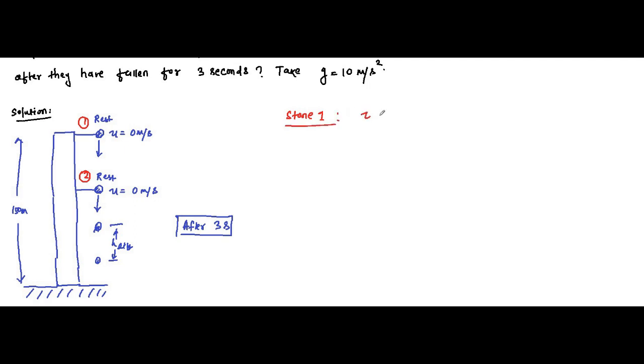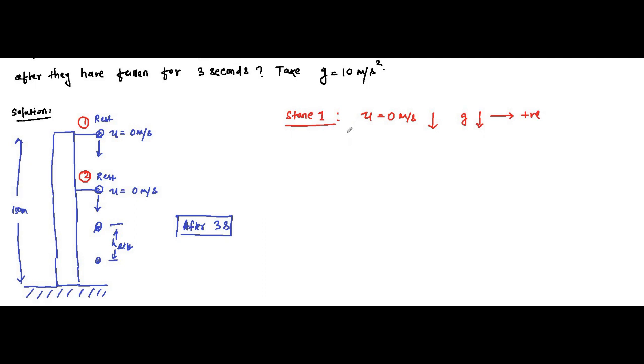Initial velocity is 0. It is directed downwards. The stone is moving downwards. Acceleration due to gravity is also downwards. So here g will be taken as positive.